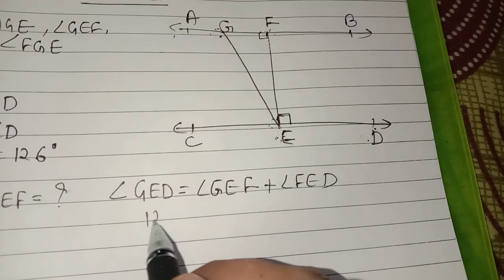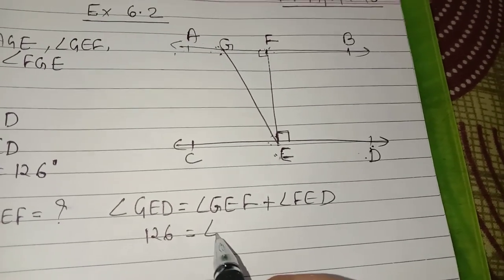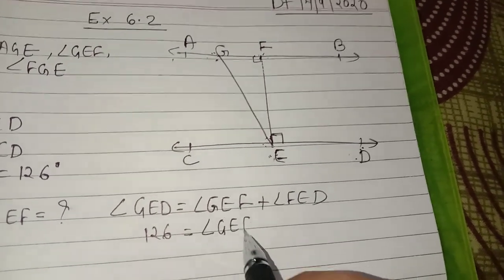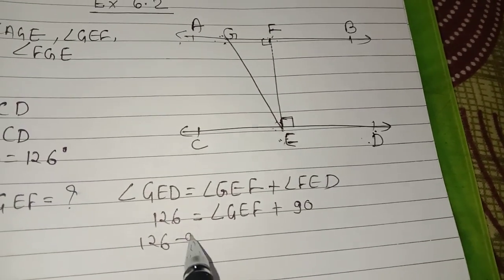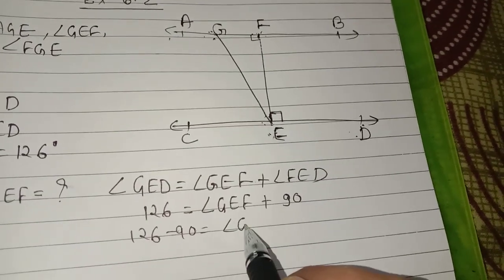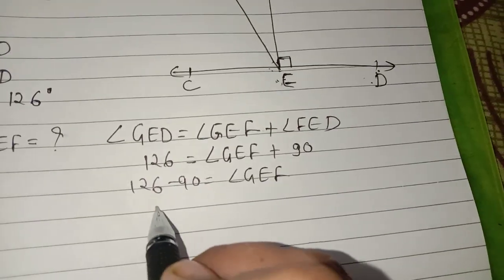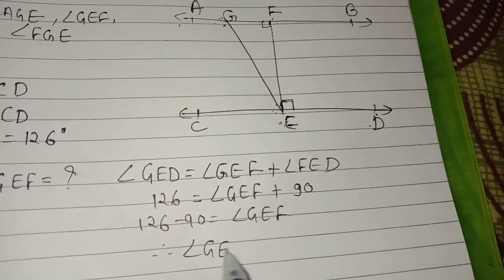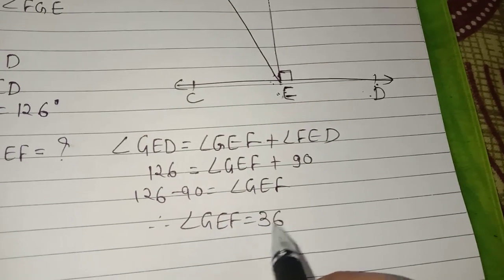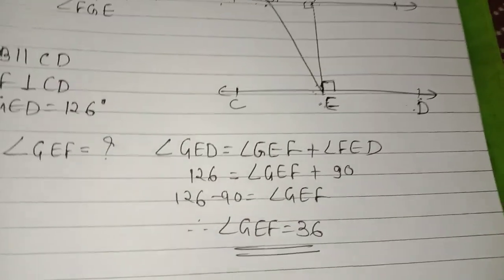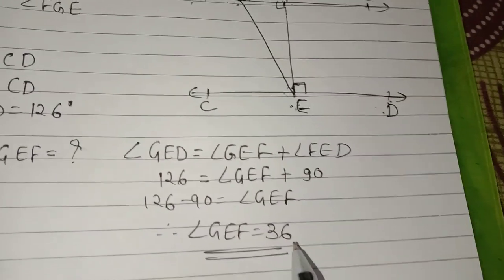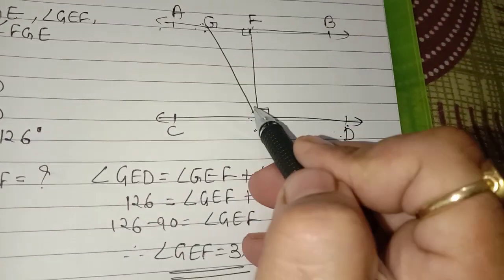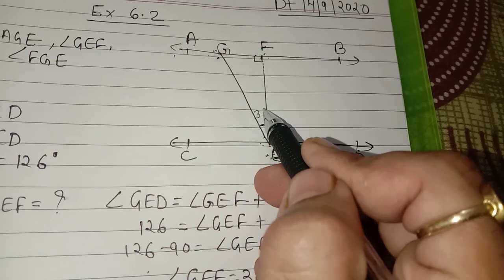So it is given as 126 is equal to angle GEF plus 90. So it is 126 minus 90 is equal to angle GEF. So what is the value of angle GEF? GEF is equal to 36. Clear? We got one value here, 36.